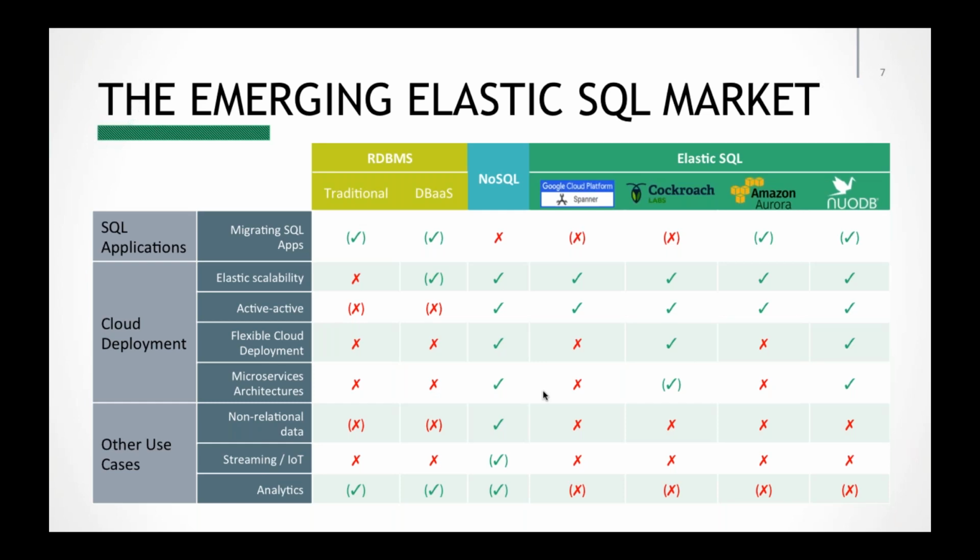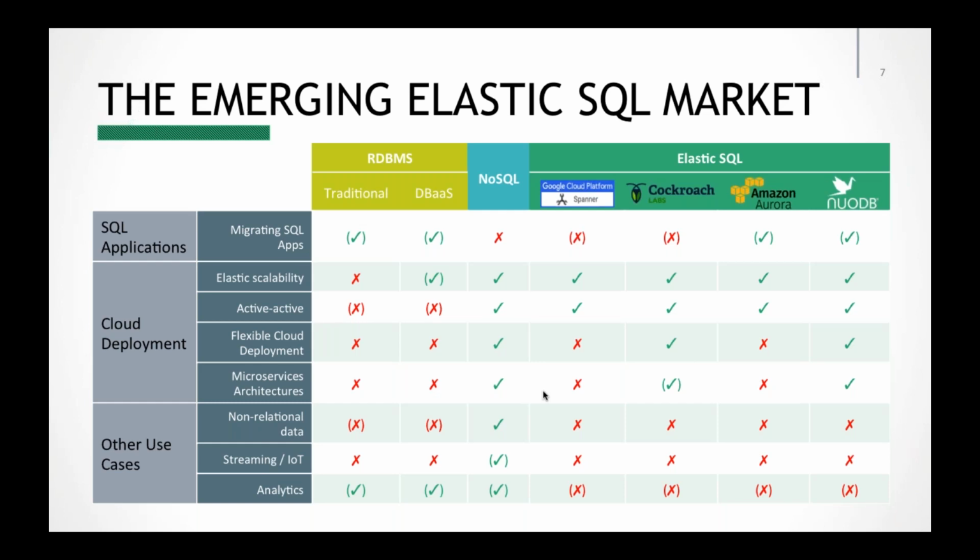But as we move to the right, we look at the Amazon Aurora product, does a little better, right? It actually can migrate relational data in, but it does not offer the flexible cloud deployment model, much like the Spanner, because it's locked into a certain cloud infrastructure. And moving to the far right, we see that NuoDB actually satisfies all of the requirements in the SQL apps in cloud deployment model, which is exactly where NuoDB is targeted.